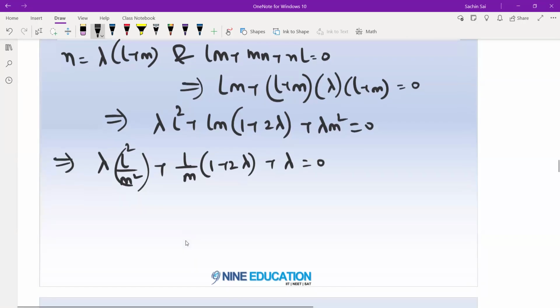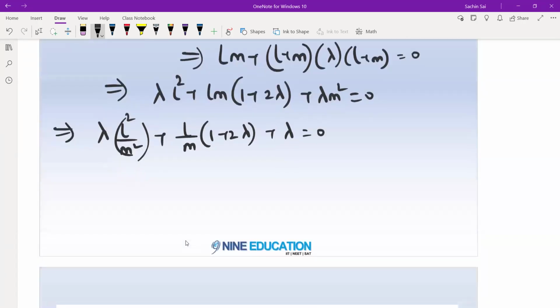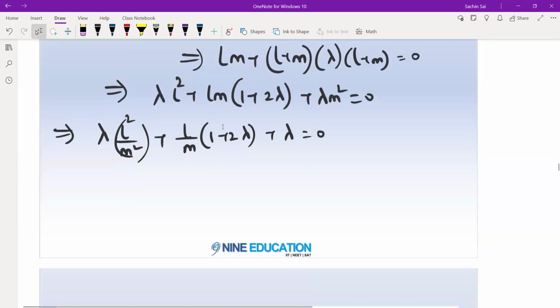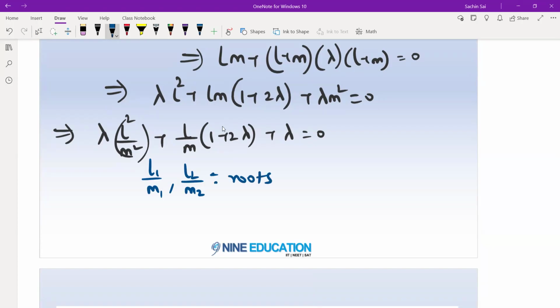The reason we're doing this is that this is now a quadratic in terms of l by m. If we're talking about the direction cosines of two lines, then l1 by m1 and l2 by m2 are the roots of this equation, where l1, m1, n1 are direction cosines of the first line, and l2, m2, n2 are direction cosines of the second line.